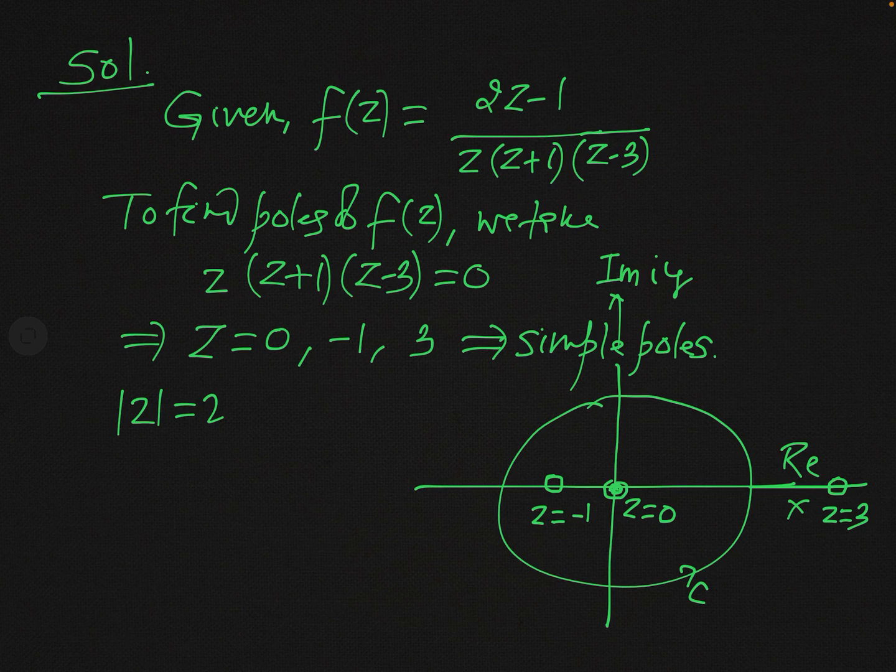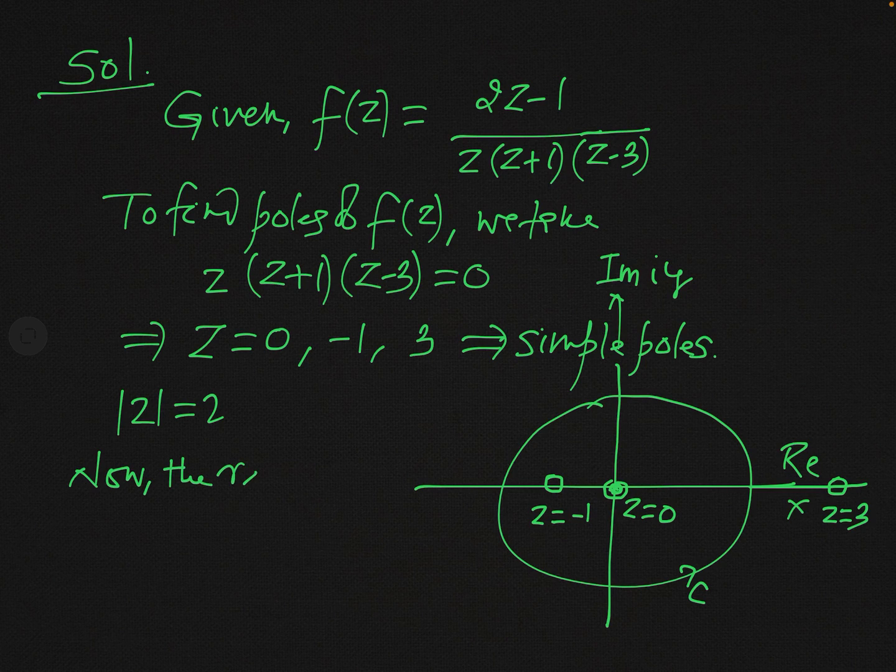There is no need to find the residue at the singular point z equal to 3, which is outside of this circle, because in accordance with the statement of this theorem, the integral of f of z will be equal to 2 pi i times the sum of the residues at the isolated singular points which are actually inside the circle C. Since the poles are simple, we will utilize the formula which we have studied for evaluating the residue for simple poles.